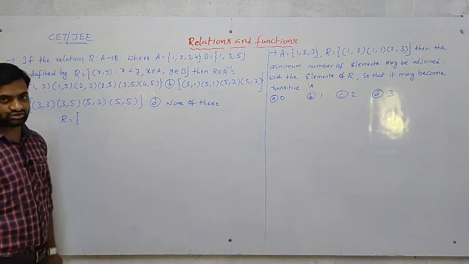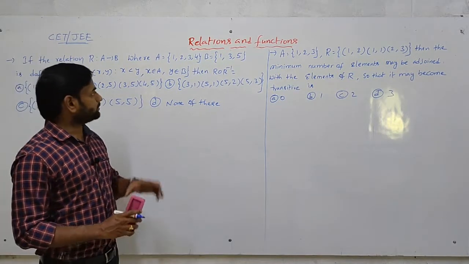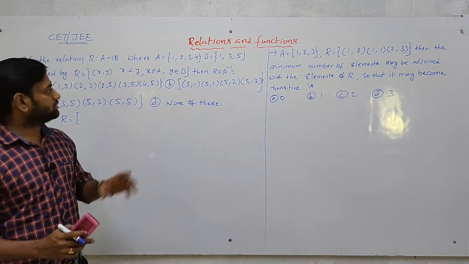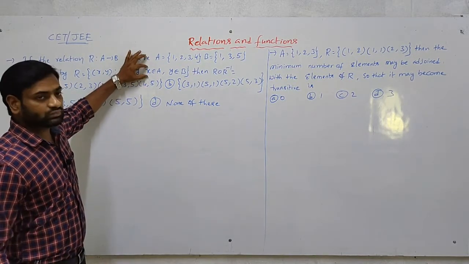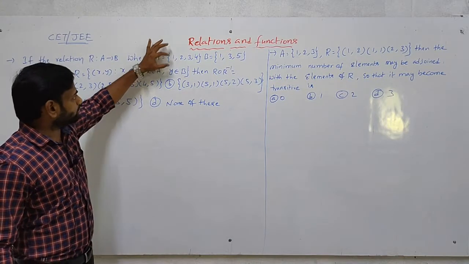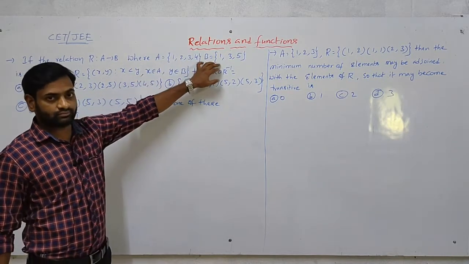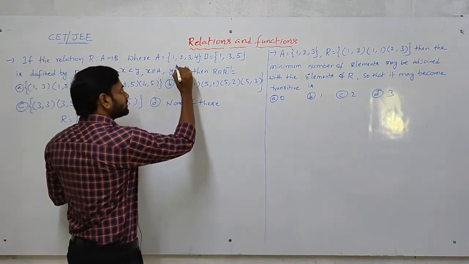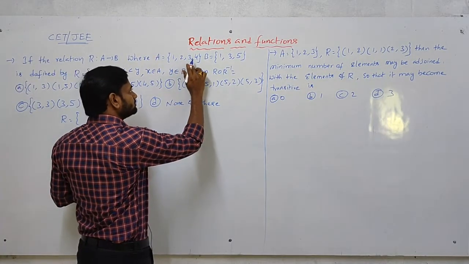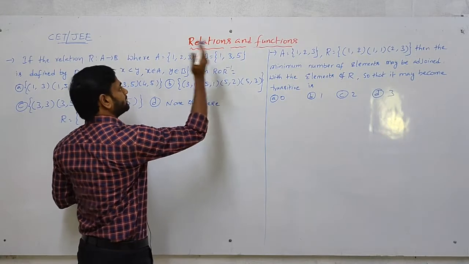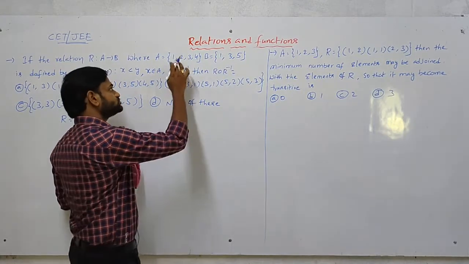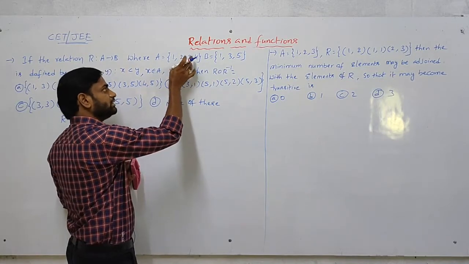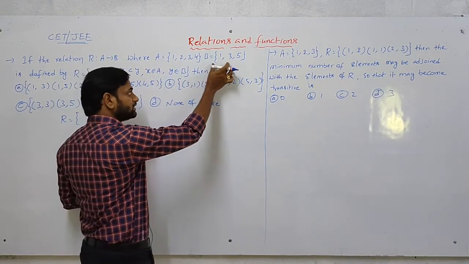R is the relation. I am not writing everything clearly because it is a CD. Try to understand here. X values from A, y values from B. But the condition is x less than y. That means if you choose any element from A and any element from B, the A element is less than the B element.